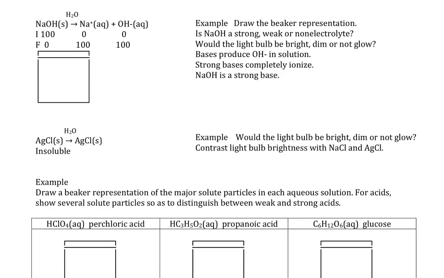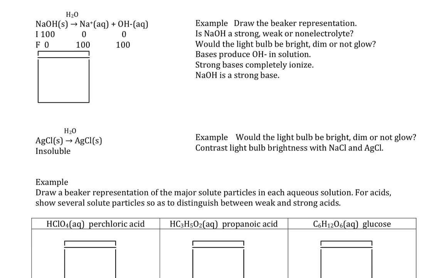Sodium hydroxide is a solid at room temperature, and it dissolves readily in water, and it forms Na+ aqueous plus OH- aqueous. If we counted out 100 NaOH solid units, of course we'd have to be on this make-believe microscopic scale, we would find that when they dissolve, we have 100 Na+ aqueous and 100 OH- aqueous.